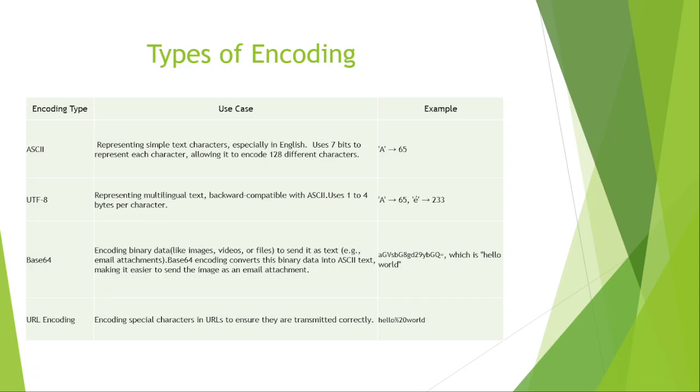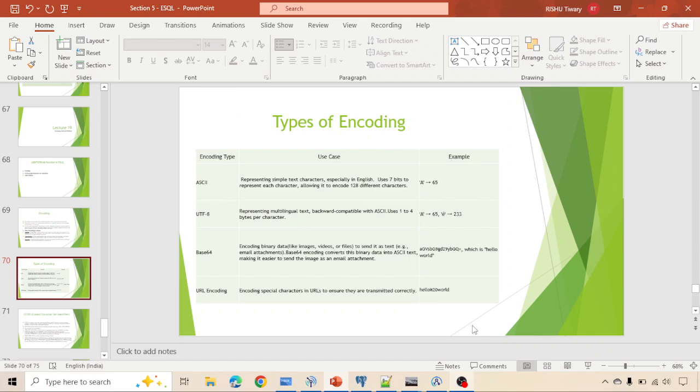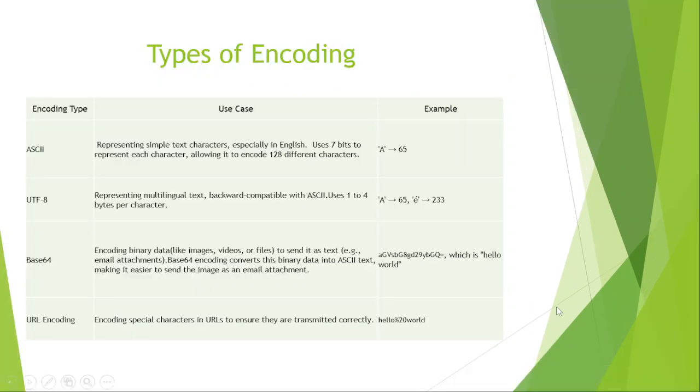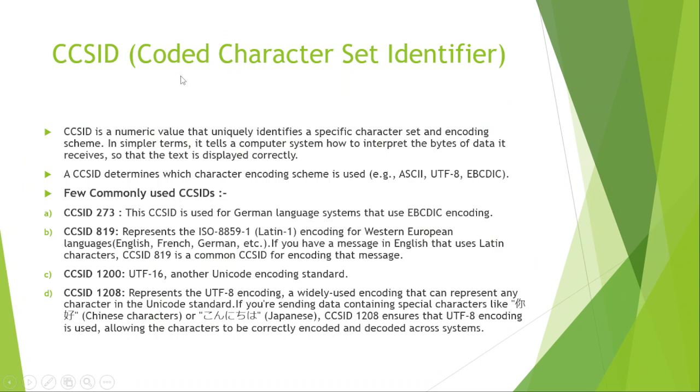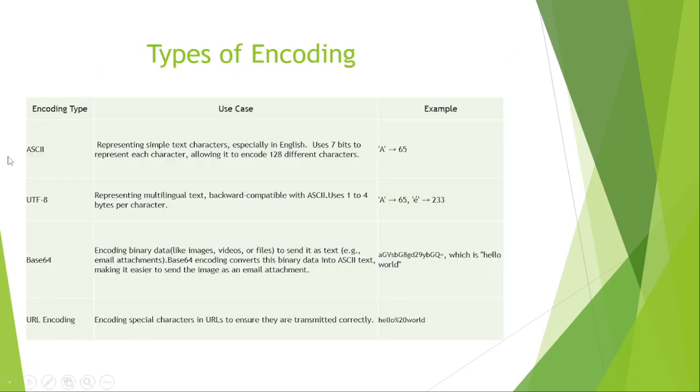Now let's understand the next one, the CCSID. When talking about the CCSID, it is also called the Coded Character Set Identifier. This is important when we are doing encoding, because encoding is not enough without the CCSID, especially when talking about UTF-8 and ASCII, because these are for characters.